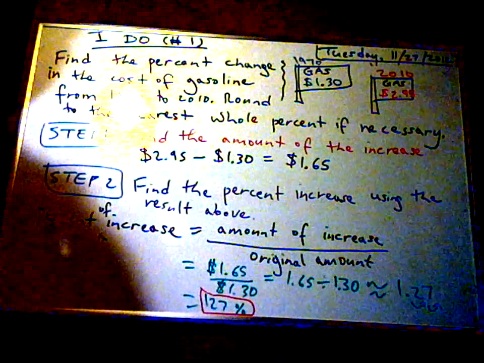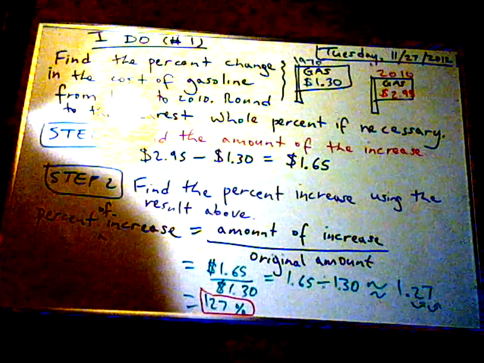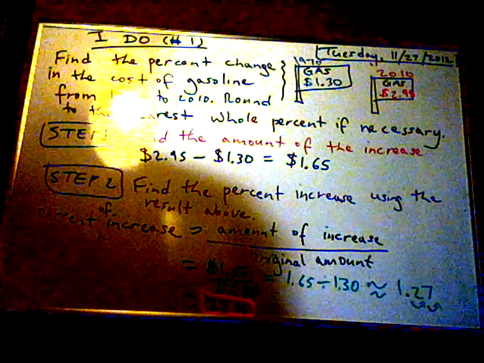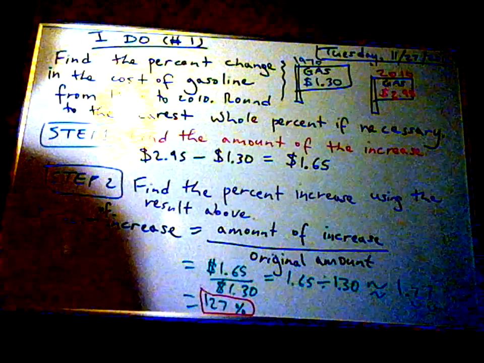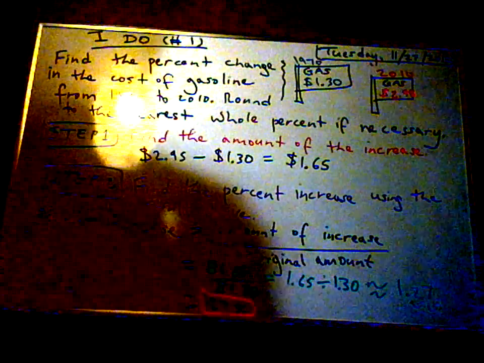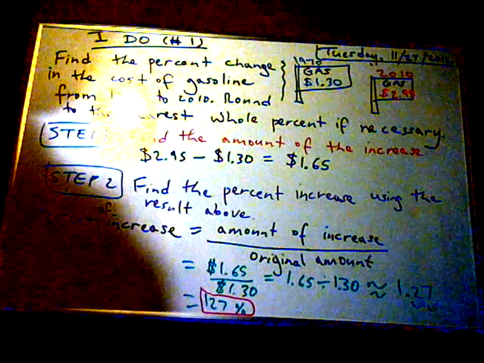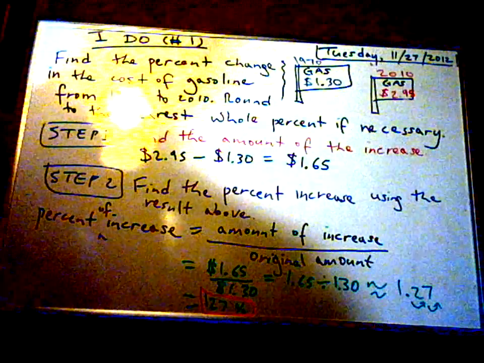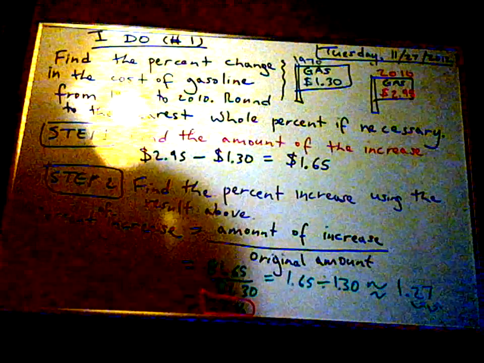Well, we know that this is going to be a percent increase because we have an increase from $1.30 to $2.95. So step one, we find the amount of the increase by subtracting $1.30 from $2.95, and we get $1.65. And step two, we find the percent increase using the result above.